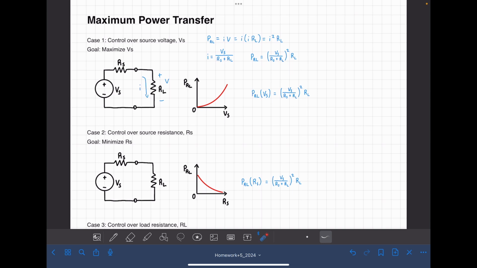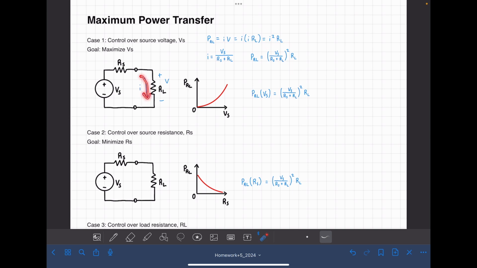First, let's just solve for the power in terms of these three variables. So we have the current through the resistor, the voltage across it. We're going to define those right there. Because of Ohm's law, we know that the voltage is just equal to the current times the resistance. So we get this here.